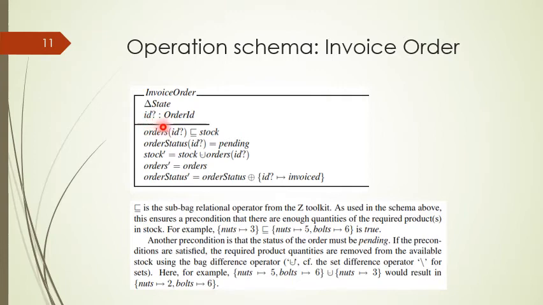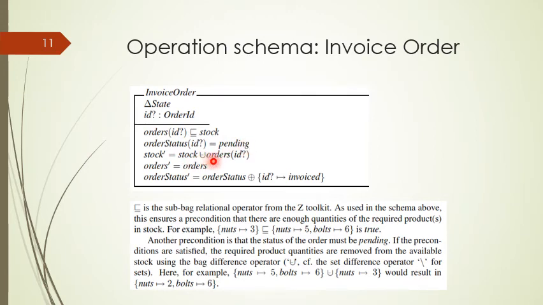There are two preconditions to invoice the order from the status pending. The first precondition says that the id whose status is going to be changed must be in stock, and its status must be pending.